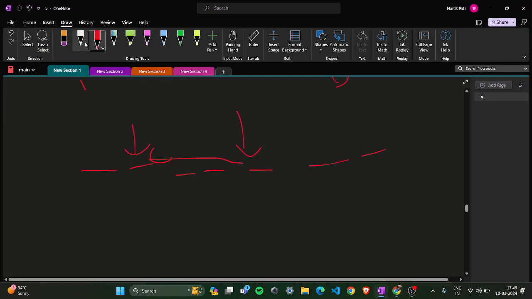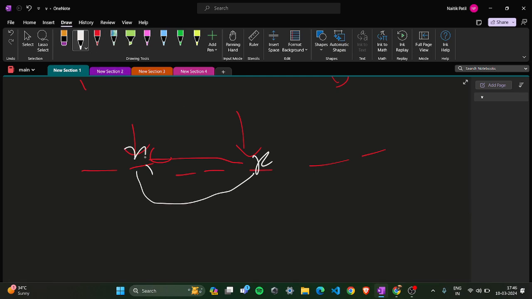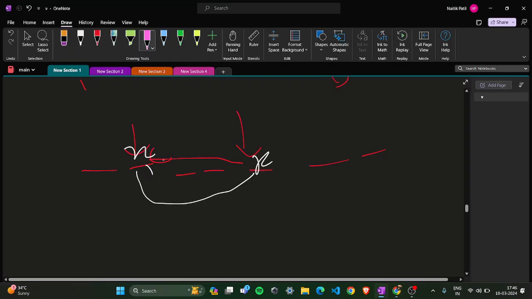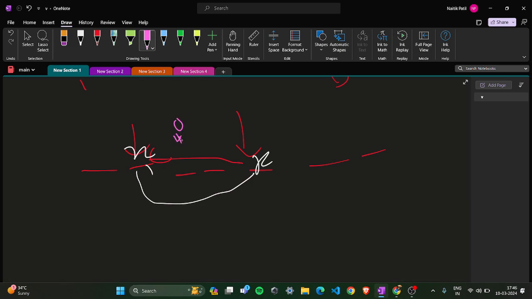Let's suppose we had x here. Now it has moved to here, and target tells us the position of that particular element after i amount of left shifts.